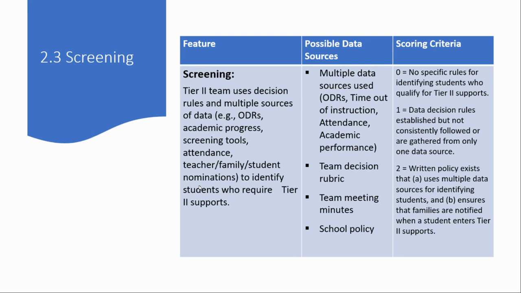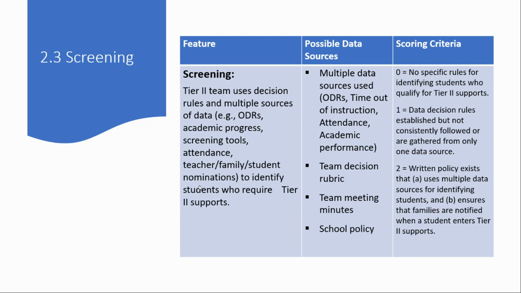So some possible data sources include those multiple data sources, whether they are the data that comes from looking at those office discipline referrals, the data where they are tracking the time out of instruction, whether it be for in-school suspension or whatever time if a child has been removed from the classroom, the attendance of students, academic performance.